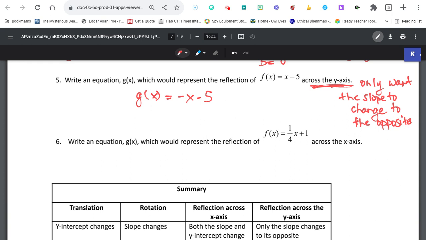All right, on 6, it says write an equation g of x, which will represent the reflection of f of x equals 1/4 x plus 1 across the x-axis.